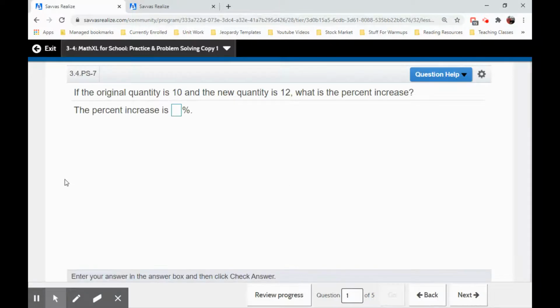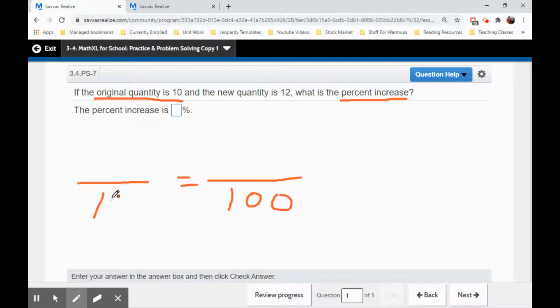We'll start with 3-4. Number one: if the original quantity is 10 and the new quantity is 12, what is the percent increase? As you can see, we're going to be working in our normal, blank over something over 100. They want to know what the percent increase is. Our original quantity is 10, that's the old value.